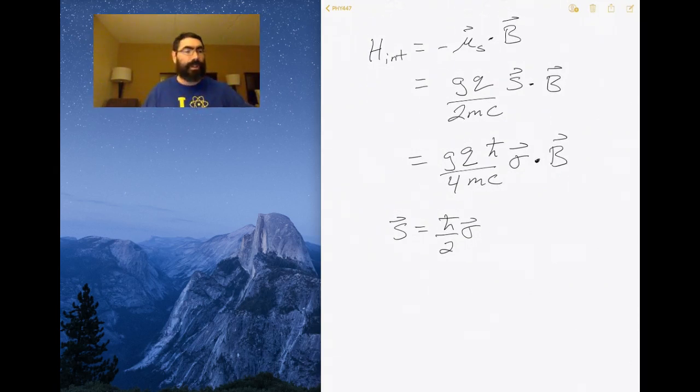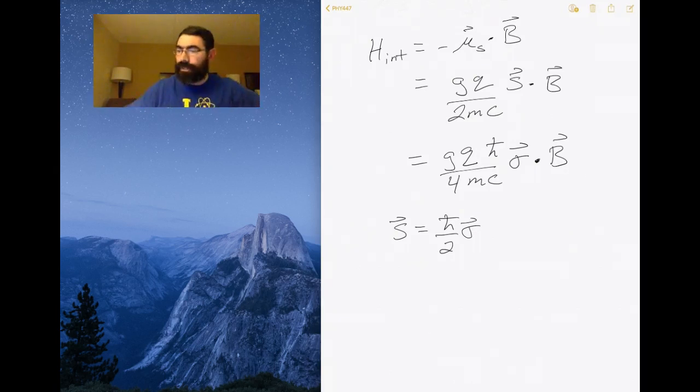Okay, but we know what the Pauli spin matrices look like, and so now we could just throw those into the equation to calculate the interaction energy.